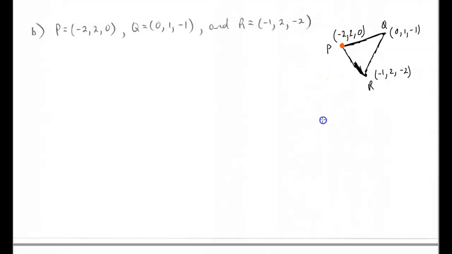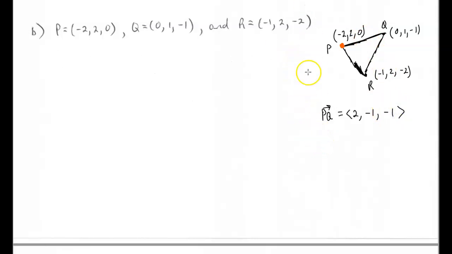then let's see our vector PQ. If we look here, we go from Q back to P. So 0 minus a negative 2 is going to be a positive 2. And let's make that 2 look a little better. We have 1 minus 2 gives us a negative 1. And a negative 1 minus 0 gives us a negative 1.